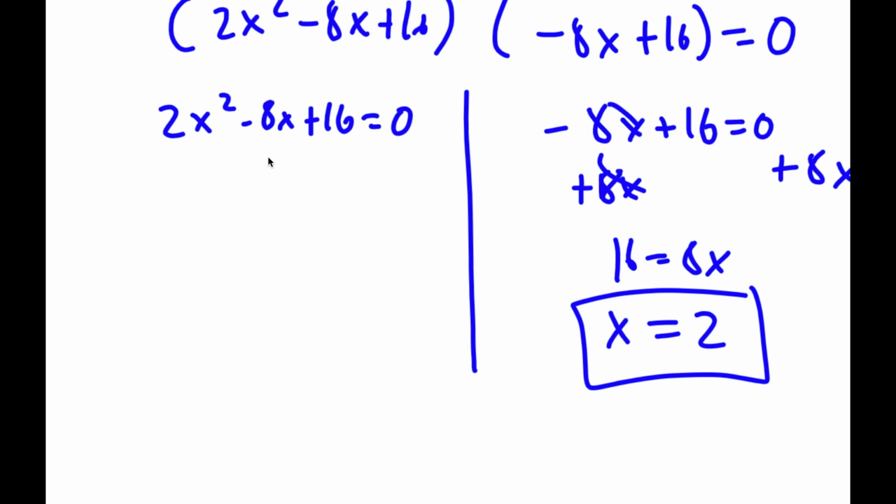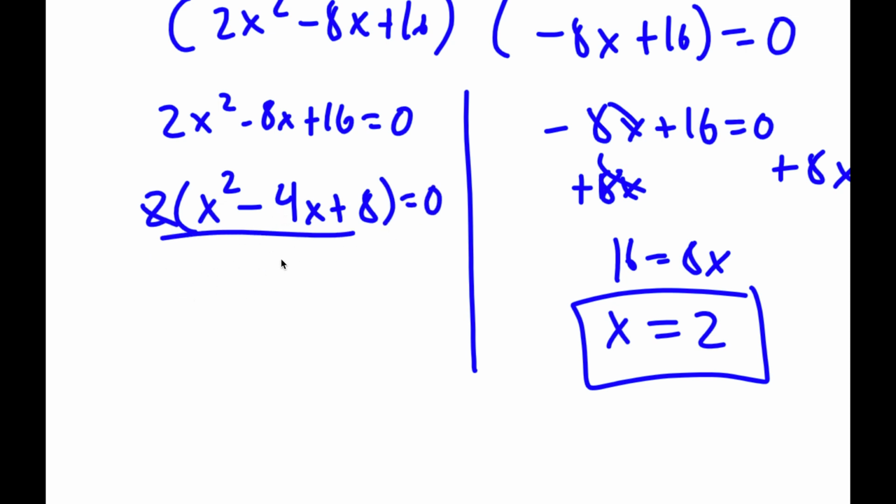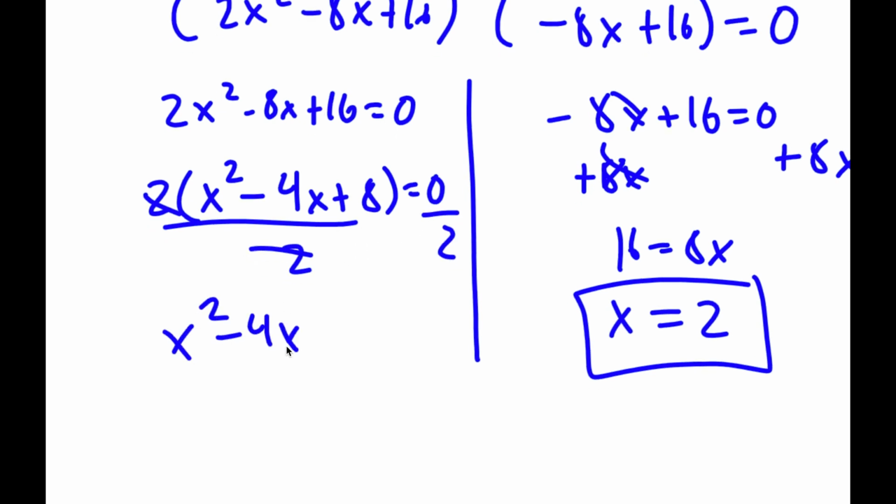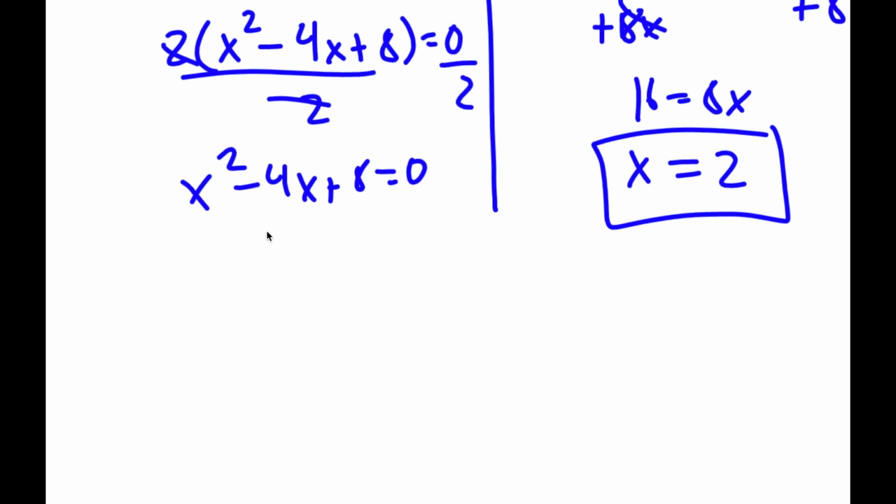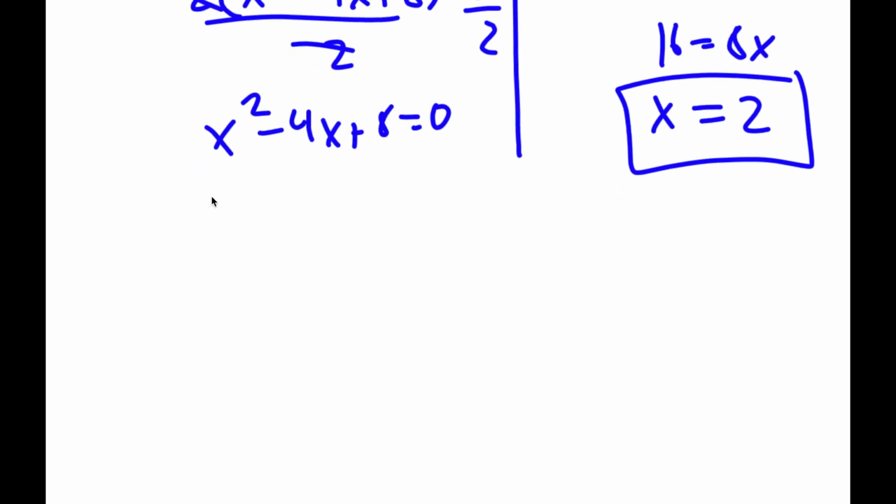Now for 2x^2 − 8x + 16, you can first start by factoring out 2. So I get x^2 − 4x + 8, which is equal to 0. Now I can just take off this 2 by dividing both sides by 2. So now I have x^2 − 4x + 8 = 0. So to solve this, I'm going to use the quadratic formula.